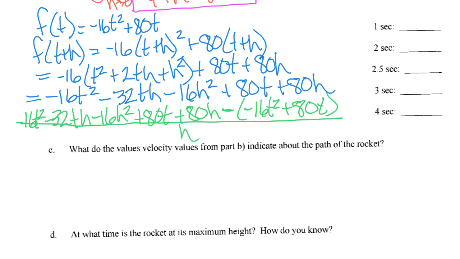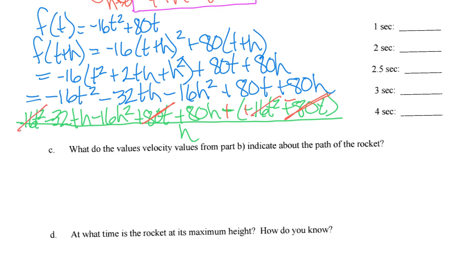Okay, working down into the C section. I'm going to distribute my negative, so add the opposite. Notice that we've got some terms that will wipe each other out. Negative 80t plus 80t is 0t. We also have 16t squared and a negative 16t squared.